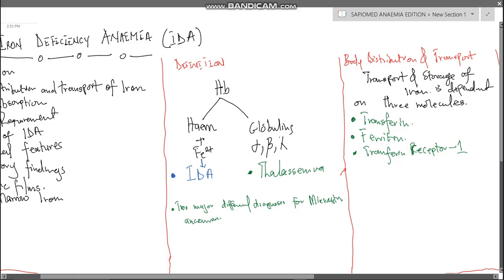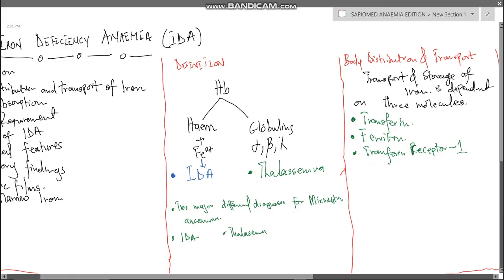And what are the two major differential diagnoses of microcytic anemia? So we have iron deficiency anemia, and then we have the thalassemia. So what you have to know is that iron deficiency anemia has to do with the heme aspect of the hemoglobin, whereas thalassemia has to do with the globin aspect of the hemoglobin.